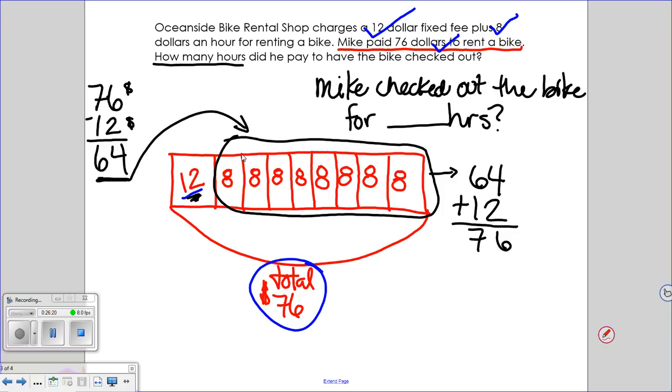From here, I'm looking at how many $8 an hour sections there are. Because remember, he paid $8 per hour.